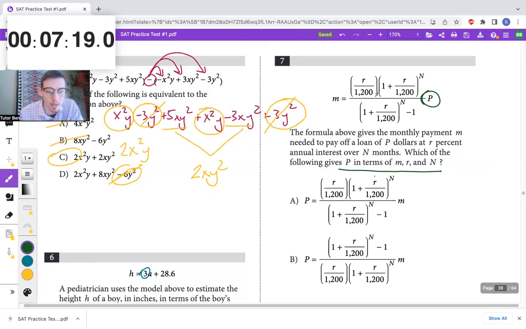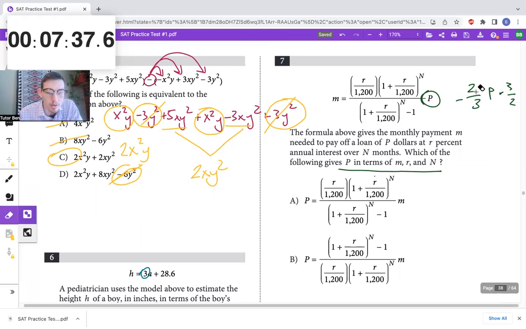When I look at this big equation, you can always simplify things like, oh, if I had 2 over 3 times P equaling M, how would I solve for that? Well, I would just multiply by the reciprocal. So if I have 2 over 3, I would multiply by 3 over 2. So even though this is kind of a big, monstrous looking thing, I can just multiply by the reciprocal.